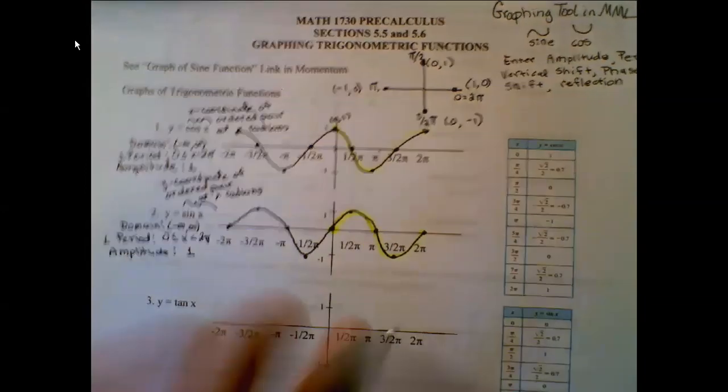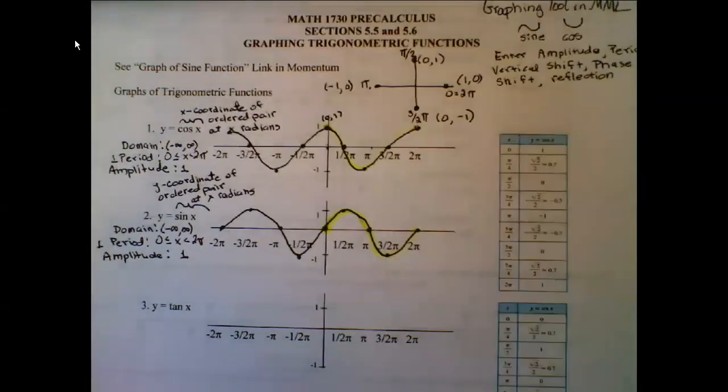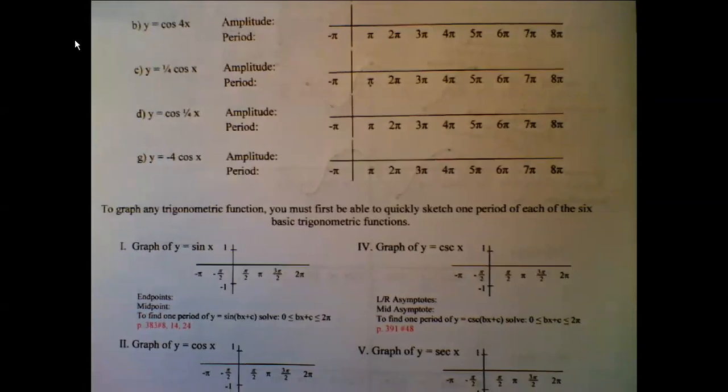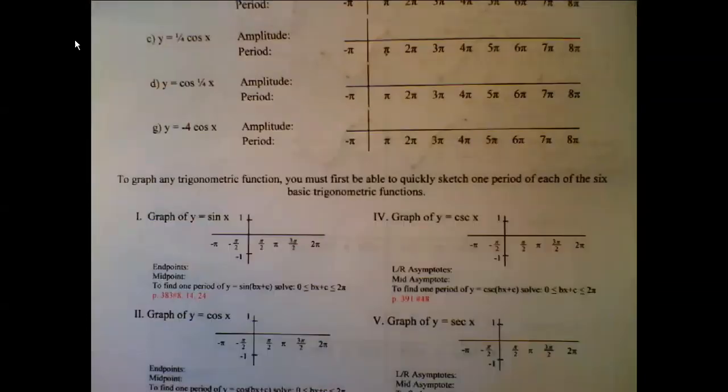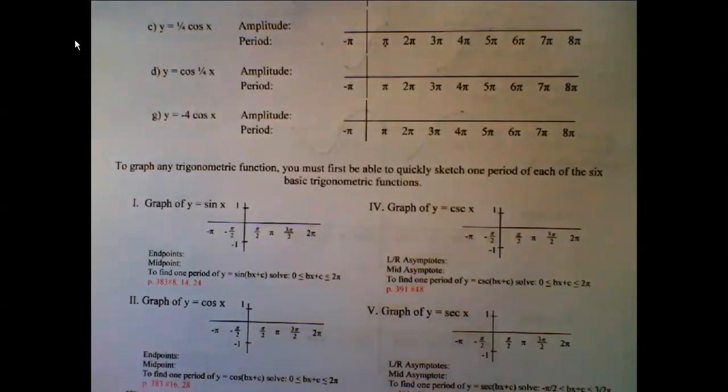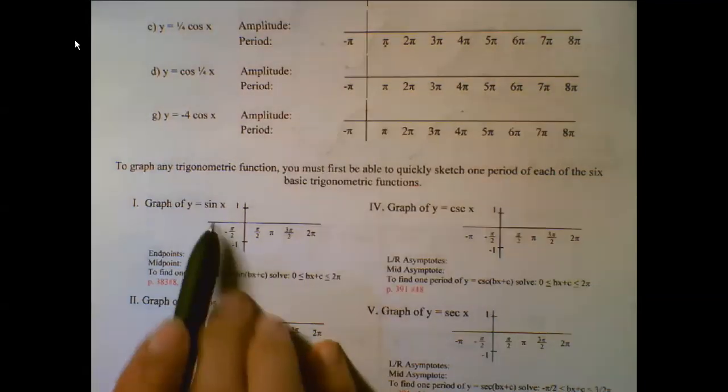All right, to sum up what we know about the graph of sine and cosine, and then we'll do some examples. On the back of the notes, I've put really everything you need to know about the graphs of sine and cosine. Where was sine 0?